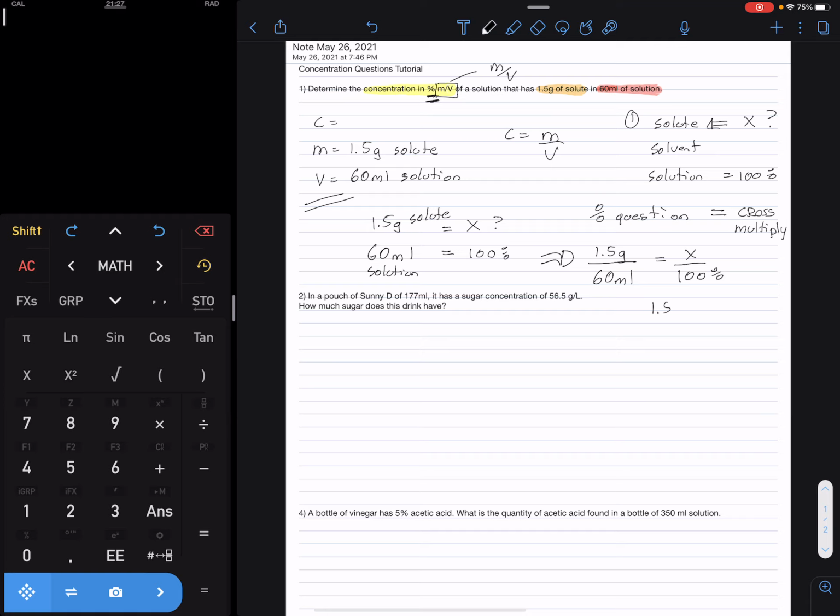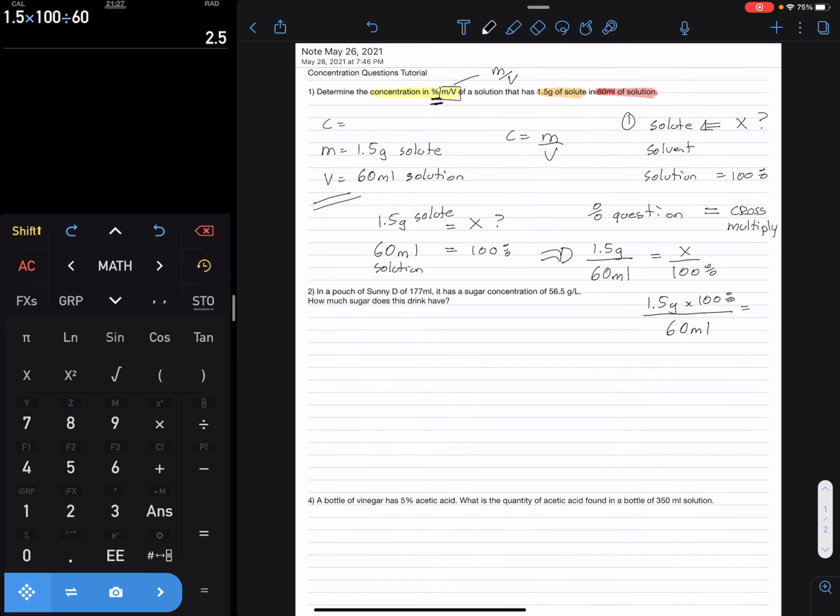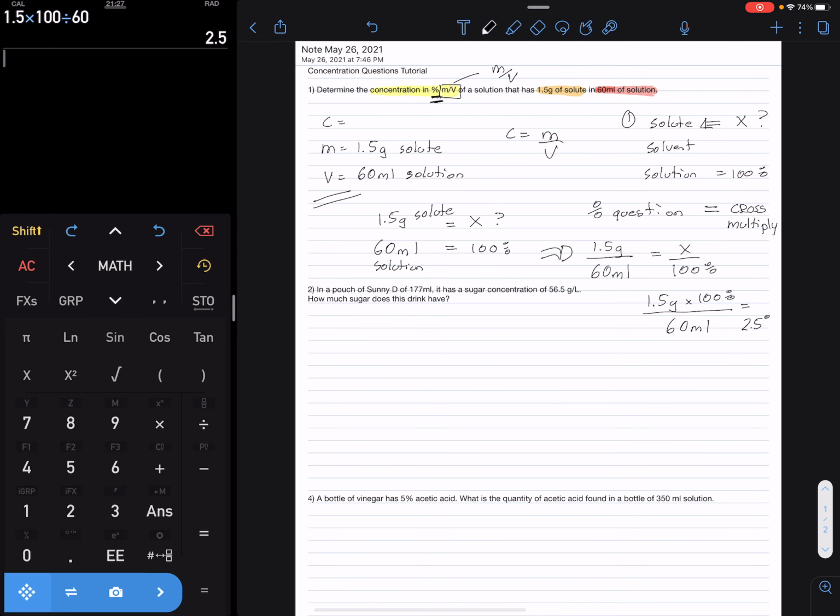So 1.5 grams times 100% divided by 60 ml will give you 2.5%.